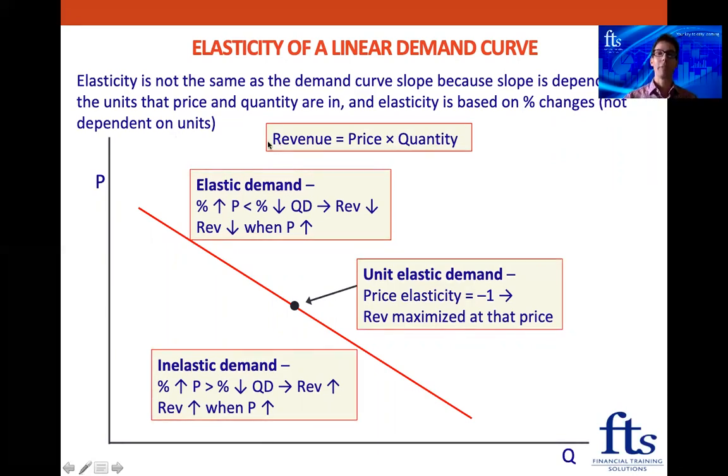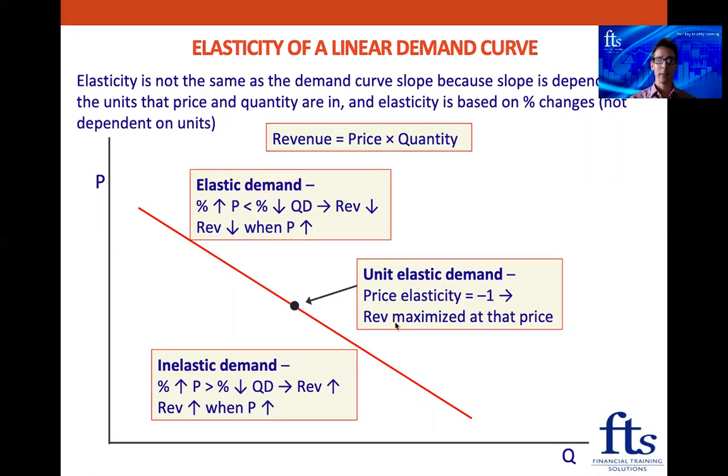So if we look at what revenue is, we all know what revenue is. To work out our revenue, we see the price we sold at and how many we sold, the quantities. So revenue is price times quantity, that's going to give us the revenue. What we actually need to understand is that elasticity actually varies depending on where it is calculated.